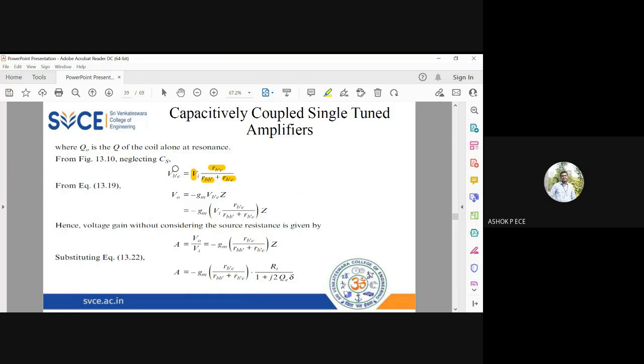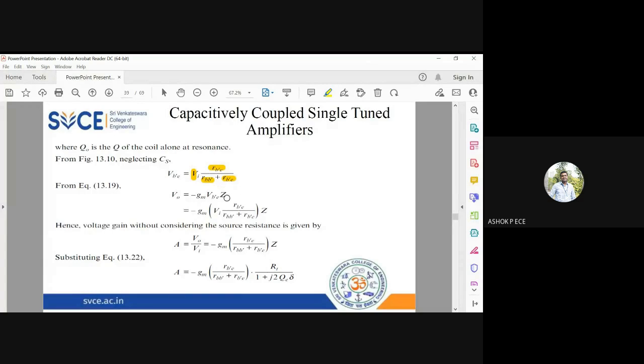V naught is minus GM Vb dash e into Z, and I'm substituting the value of Vb dash e here. So Vb dash e is this expression.